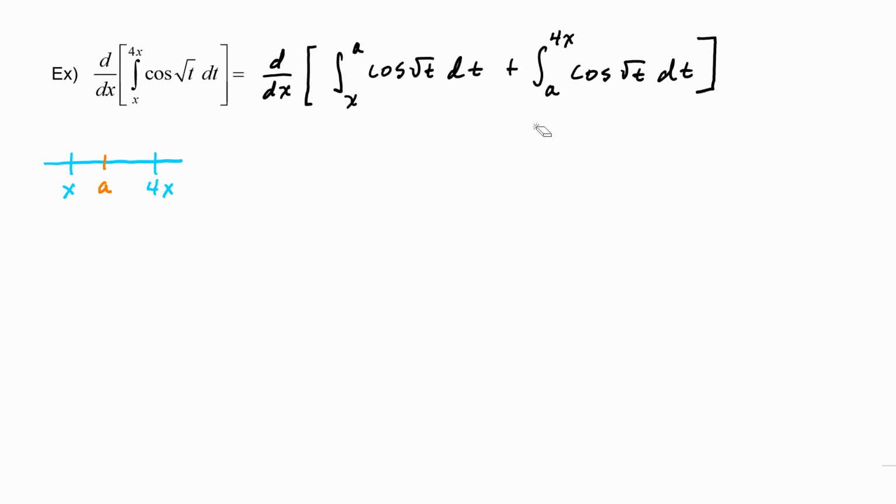Now this second integral is set up in the way we need it to be, with the constant as the lower limit and the function as the upper limit. But this first integral is not quite set up right. The limits are backwards.